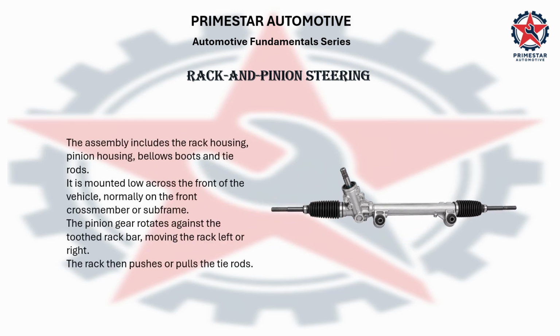A rack and pinion assembly includes the rack housing, pinion housing, bellows boots, and tie rods. It is mounted low across the front of the vehicle. The pinion rotates against the toothed rack bar or rack shaft, moving the rack left or right and pushing or pulling the tie rods.